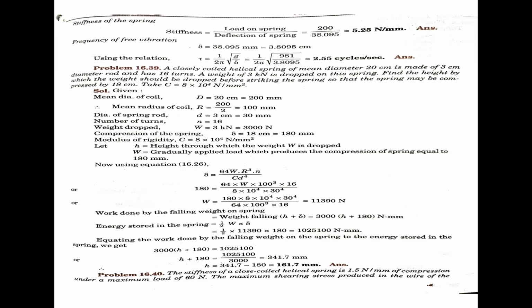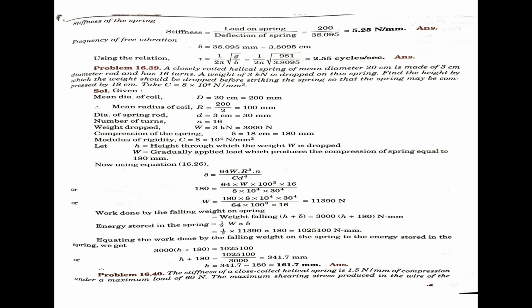H plus 180 equals 1025,100 divided by 3000, finally 341.7 mm, and capital H equals 341.7 minus 180. Height H equals 161.7 mm. This is the example problem, the procedure to calculate the height.